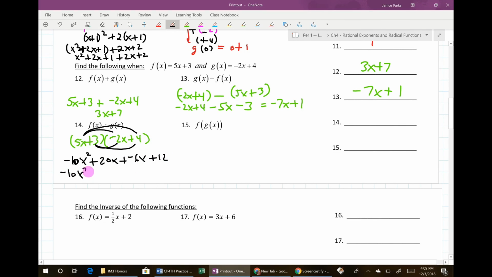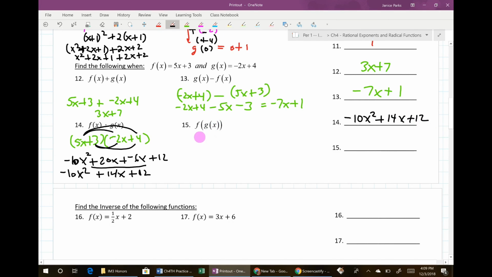So negative 10x squared, this part right here gives you plus 14x plus 12. You can't reduce that because you don't have an equal sign, or factor it because it's not really asking you to factor. So you just write that out. Negative 10x squared plus 14x plus 12.